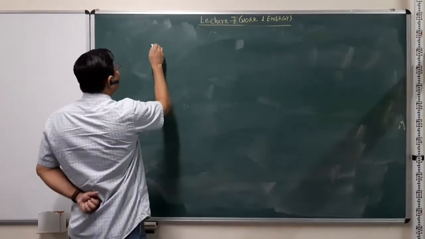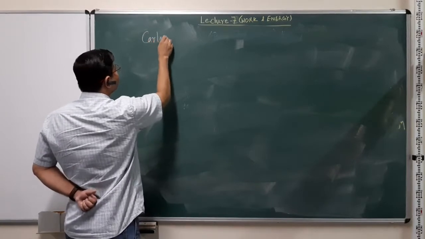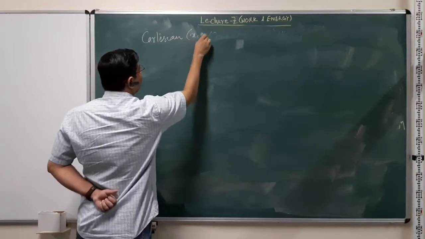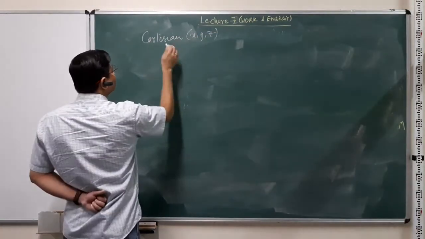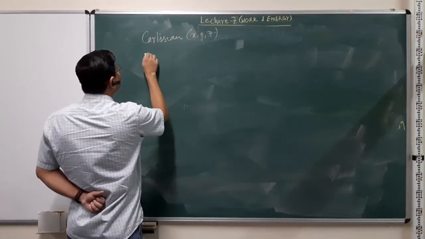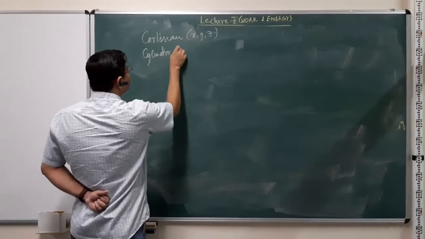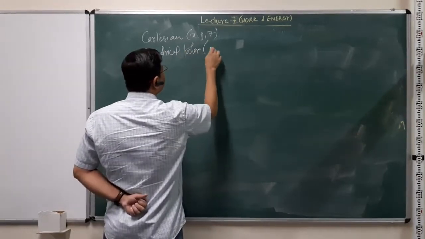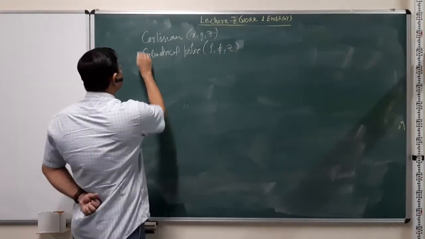In general, we need to work with 3 coordinate systems: Cartesian, which is your x, y, and z. These are all orthogonal coordinate systems, with independent coordinates. Then there is the cylindrical polar coordinate system, where the coordinates are defined as rho, phi, and z.